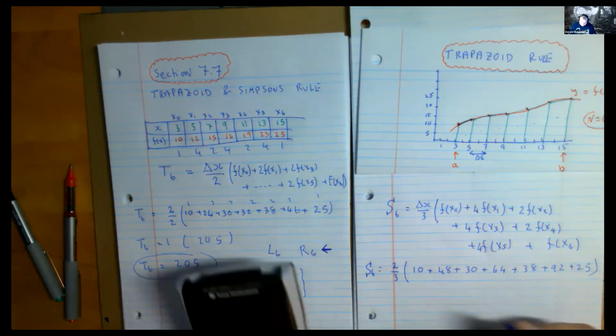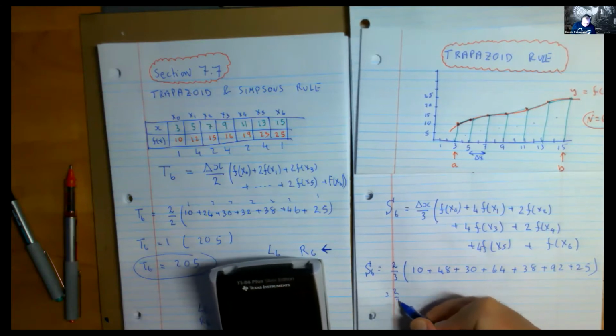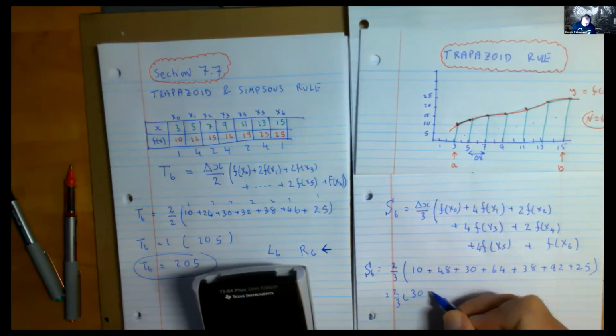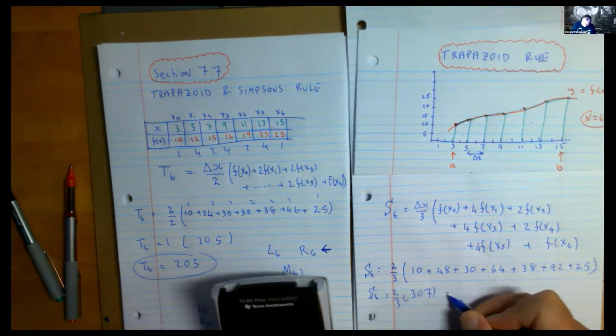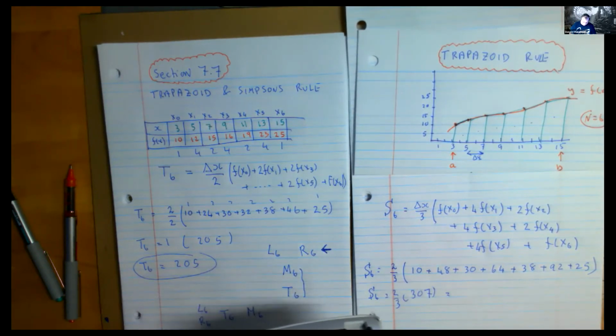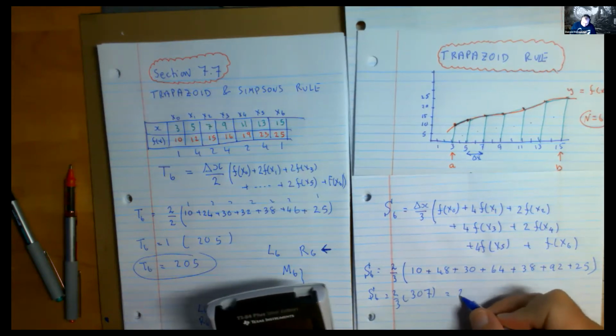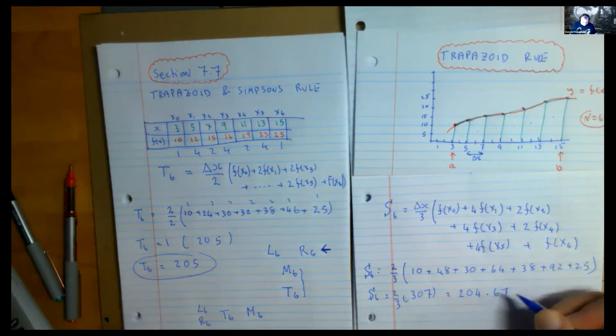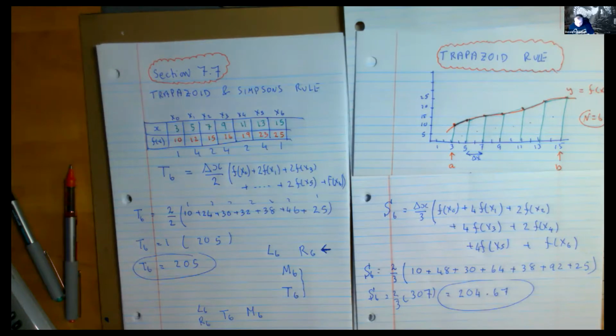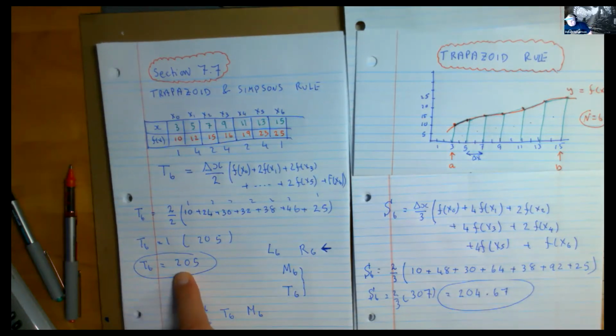And the answer is 2/3 of 307, which is times 2 divided by 3, and I get the answer 204.67, which is not that different from this guy over here. You agree? They're very similar.